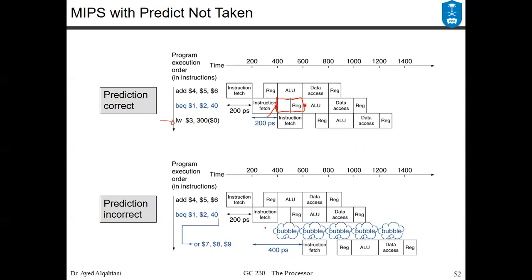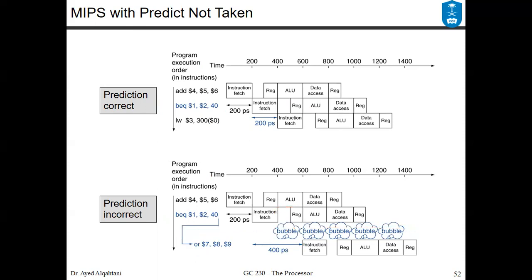But if your prediction is wrong, so your branch is here, you made the prediction here, and the actual result, you got it here, then even if you get the load, let's say that the load was fetched right there, at this point you know that it's not the load, it should be something else. Then you need to take the load out. You insert those bubbles, so you will waste one cycle, and then you get the correct instruction after this.